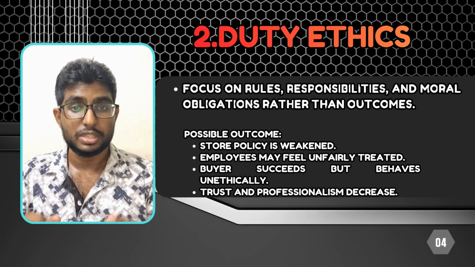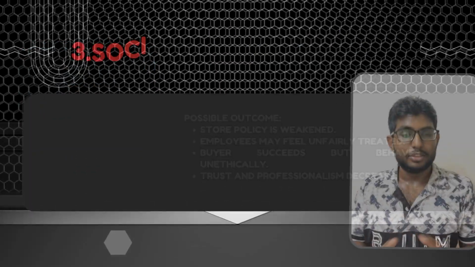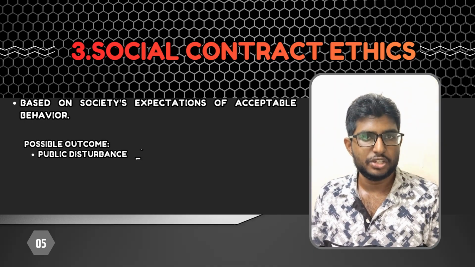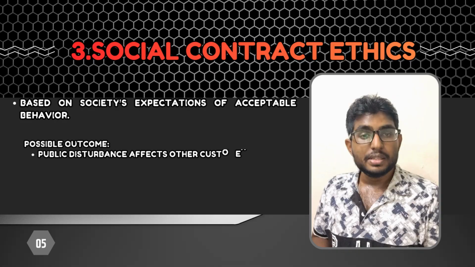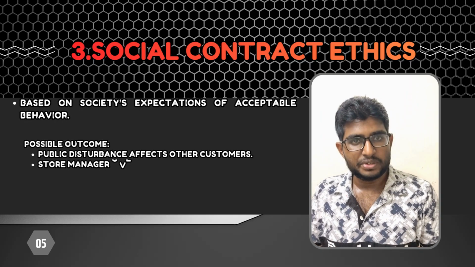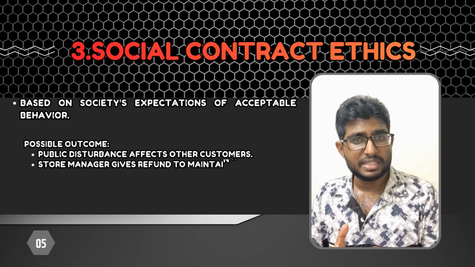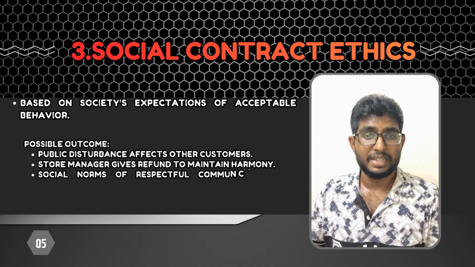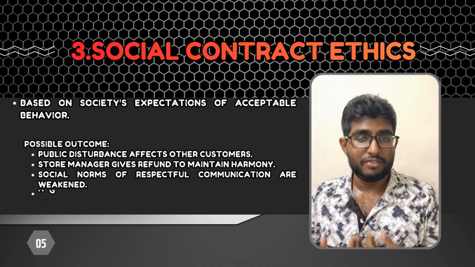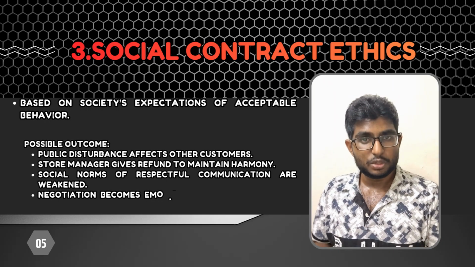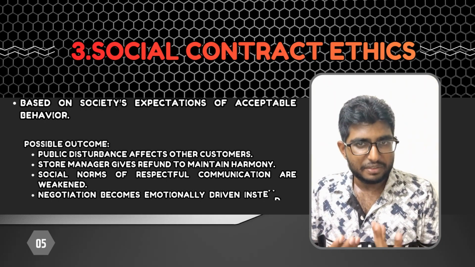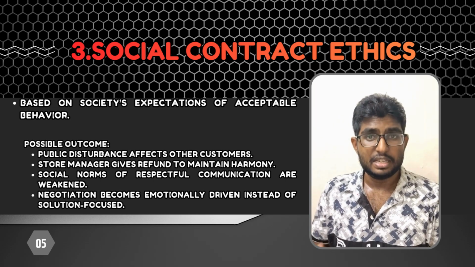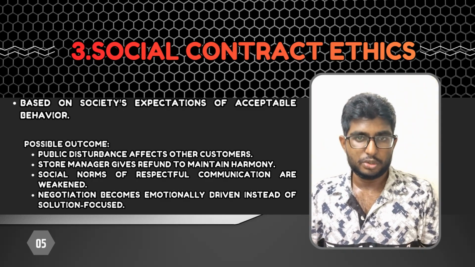The third ethic is social contract ethics, which is based on society's expectations of acceptable behavior. Society generally expects customers and businesses to treat each other respectfully and reasonably. Customers should communicate complaints politely, while businesses should provide fair customer service. In this situation, my aggressive behavior violated normal social expectations because shouting in public created discomfort for others in the store.